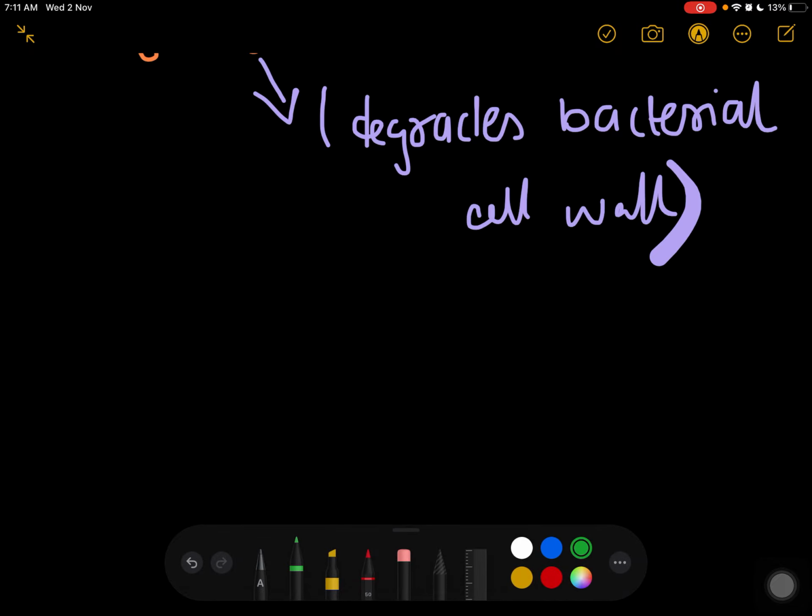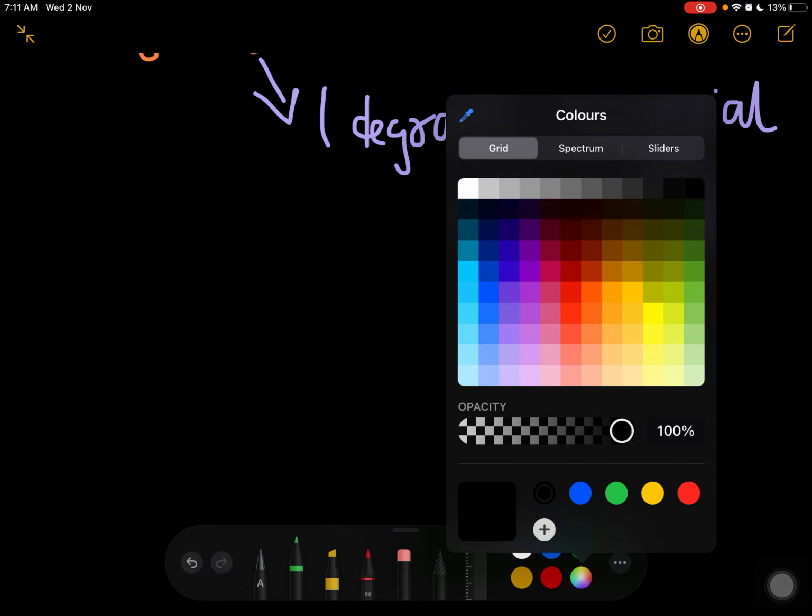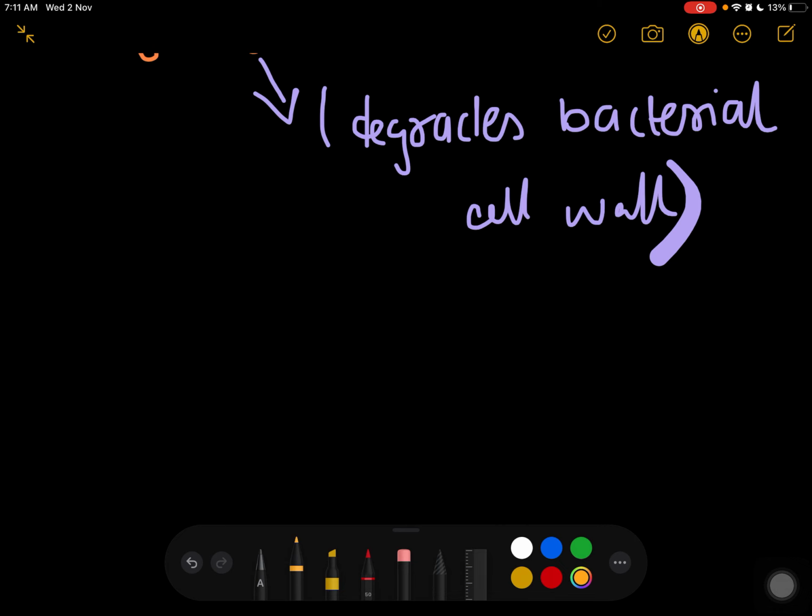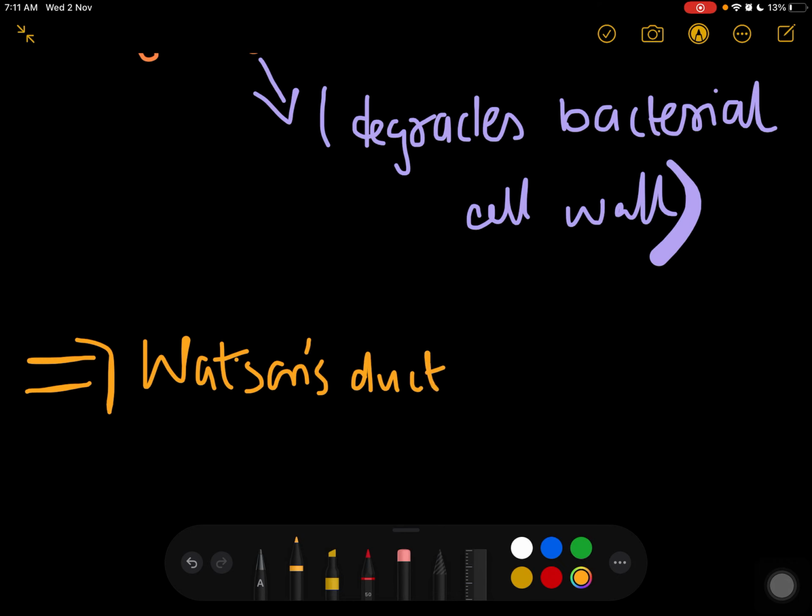So now, where is it actually produced? The Watson's duct, the duct of the submandibular gland, has many projections, like 20 projections, right?